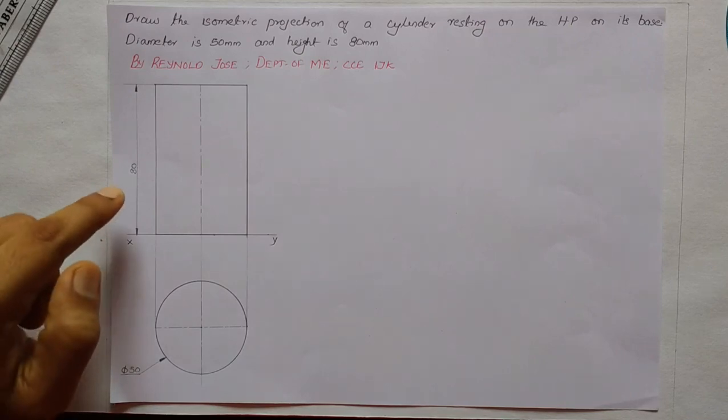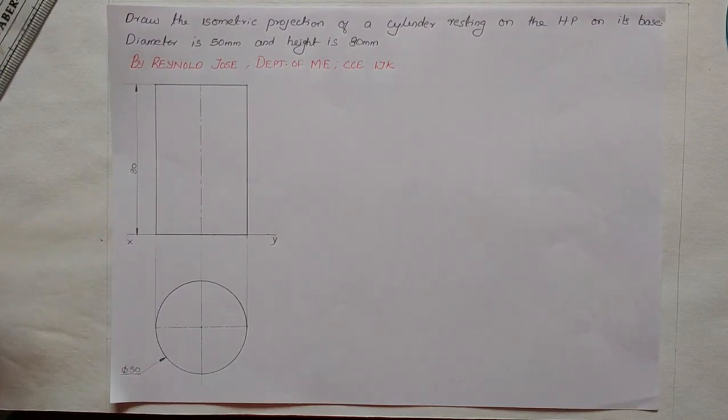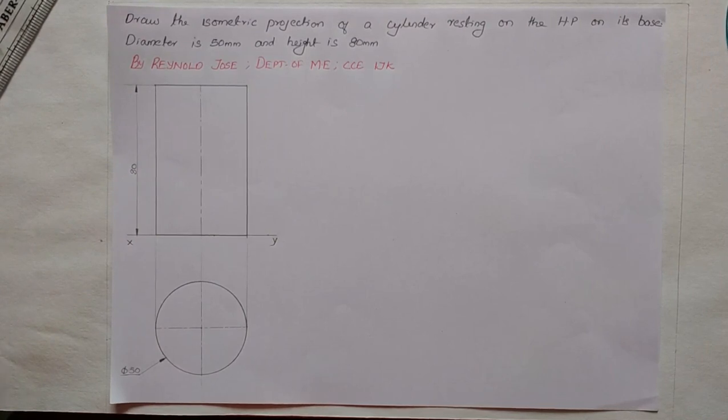Even though the maximum dimension is 80 mm, that 100 mm scale can measure 80 mm also. So we don't have any problem constructing an isometric scale which is able to read 100 mm.